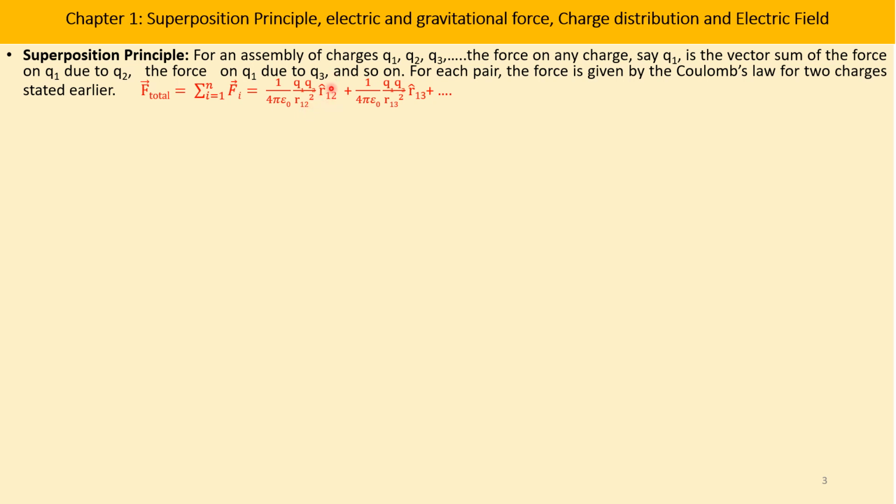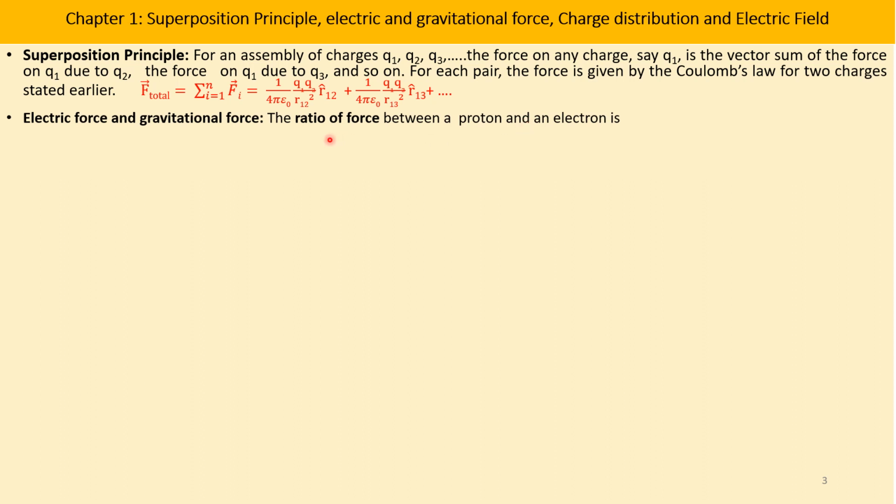R12 hat is a unit vector in the direction 1 to 2, and R12 is the distance between 1 and 2. Similarly, for the other charge, Q1 and Q3, the formula is 1 over 4 pi epsilon naught Q1 Q3 divided by R13 whole square into R13 hat, etc. This is called the superposition principle.